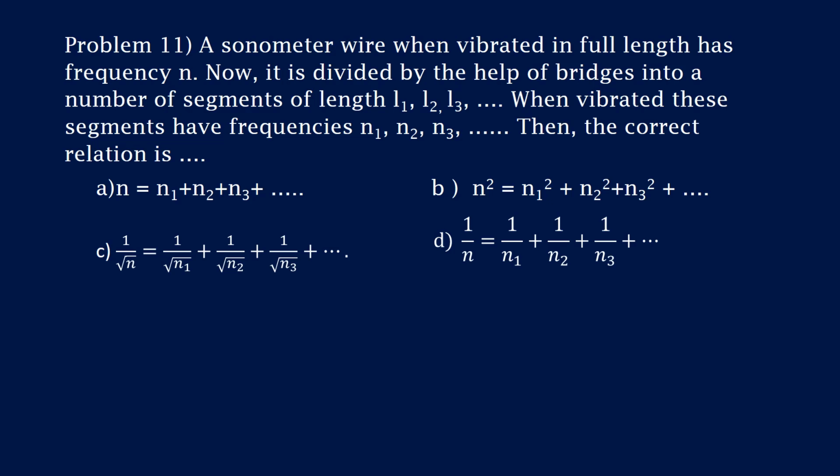Option B is correct. In this question, a sonometer wire, when vibrated in full length, has frequency N. Now, it is divided by the help of bridges into a number of segments of length L1, L2, L3 and so on. When vibrated, these segments have frequency N1, N2 and N3. Then we have to select a correct relation from given option. From the law of length, NL is equal to constant.